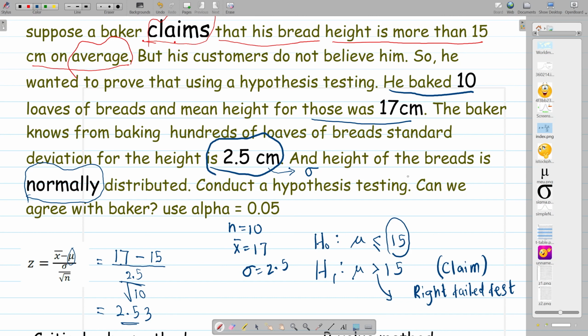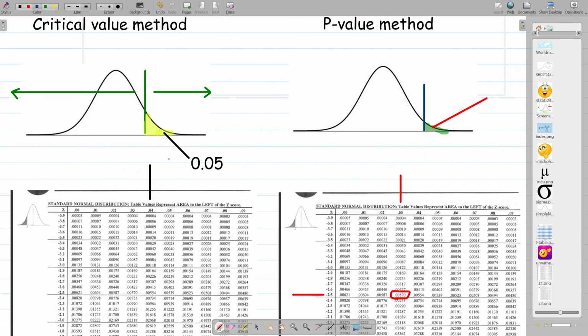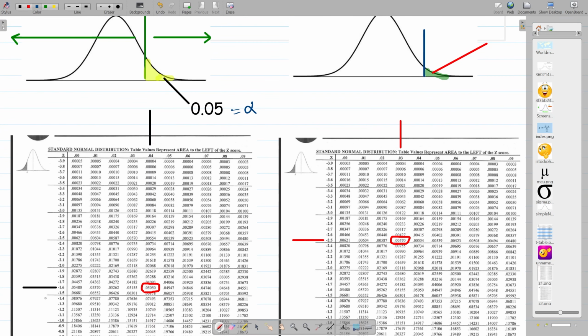So next we have to identify the critical value. This is a right tail test. Definitely then you should color the right tail area with 0.05. This one is the alpha. It's given in the question. According to that one, you see that area right to some z value should be 0.05.